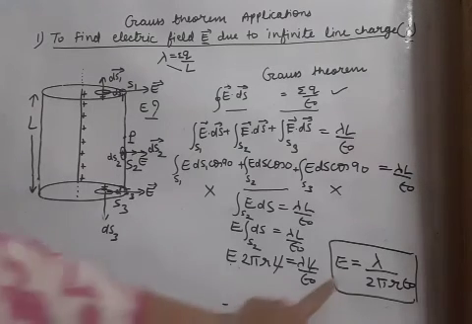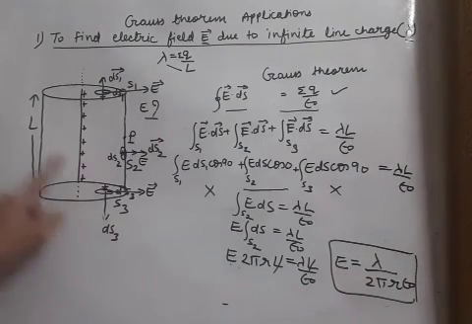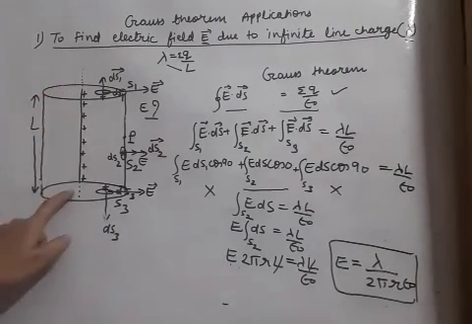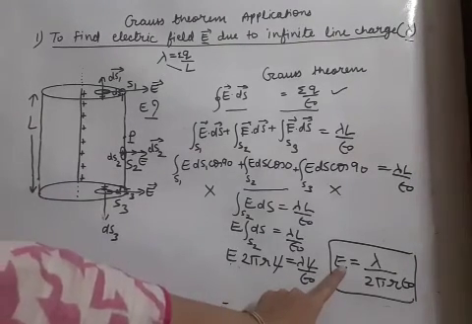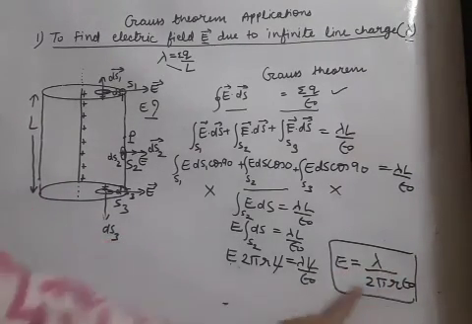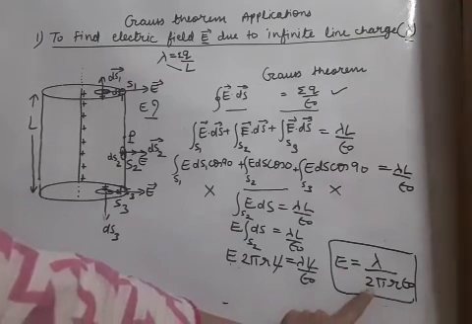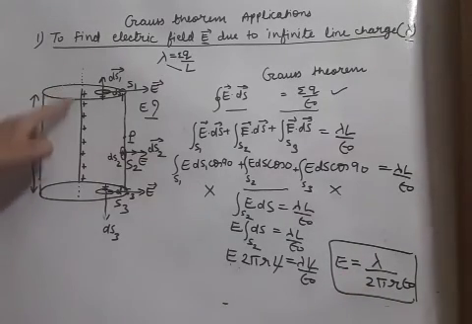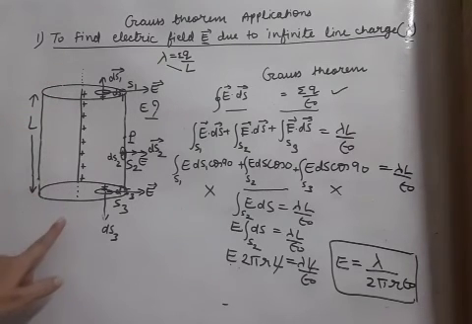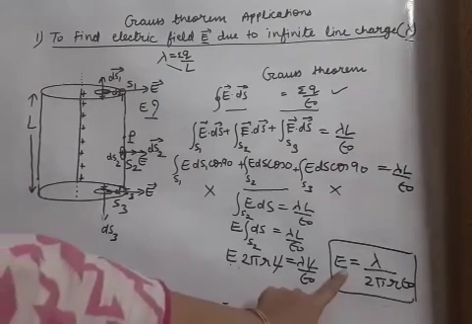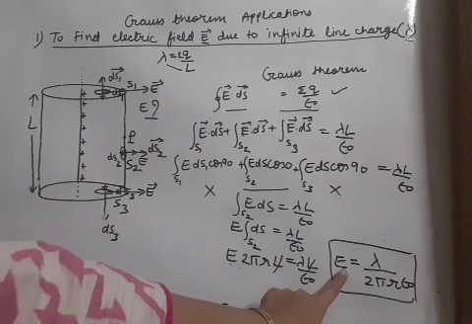So we have solved the electric field due to a line of charge. Now you can see in the electric field formula, the length is not appearing anywhere. That means whatever is the length of this line charge, the electric field doesn't depend on that length.